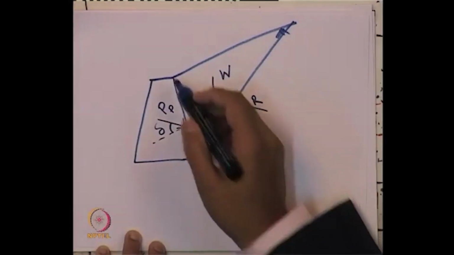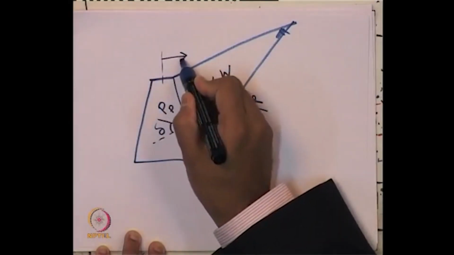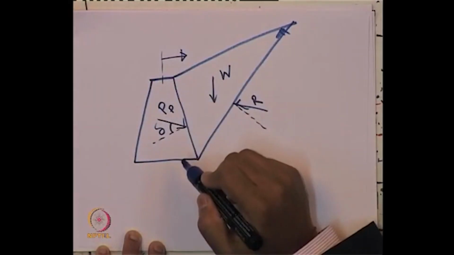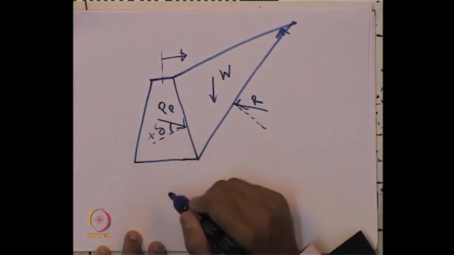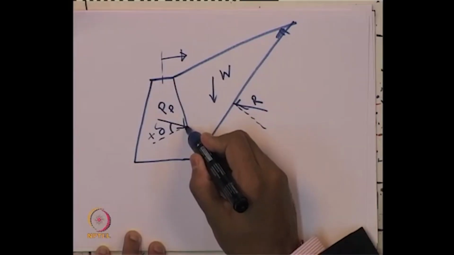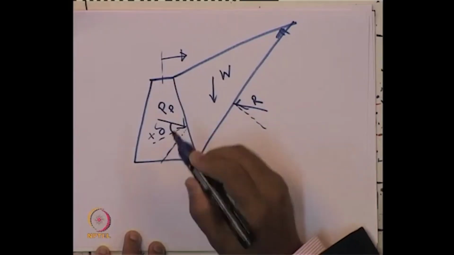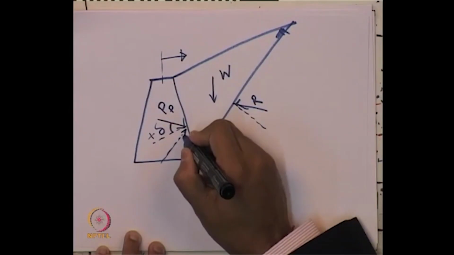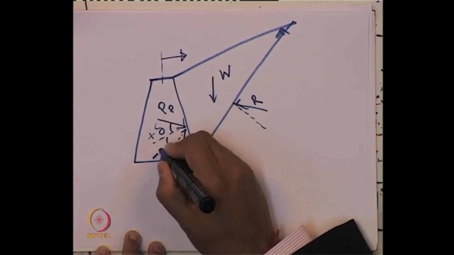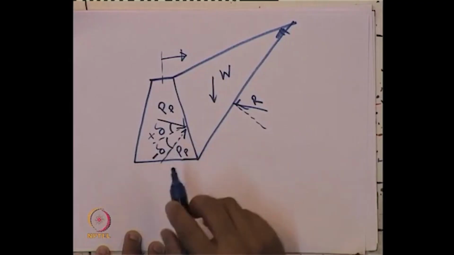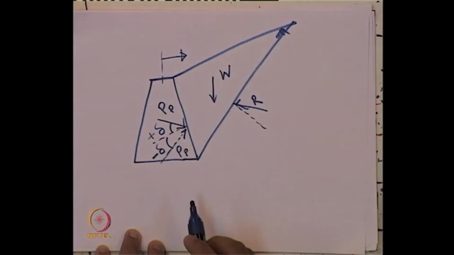This passive earth pressure, when the wall tends to move in this direction, is called positive delta. But there can be a few cases where this passive force may act in this direction also, which is called negative delta.